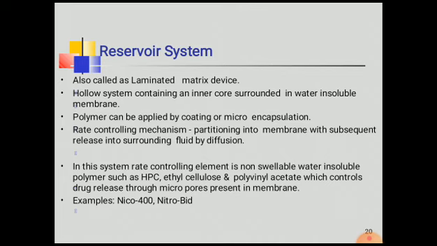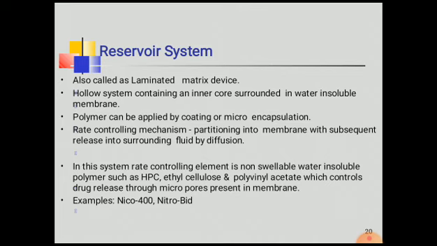Here the main thing you have to remember is that whatever lamination or coating we are doing, that particle is water insoluble. We are using a water insoluble polymer for lamination, and for the matrix we are using a water soluble polymer.